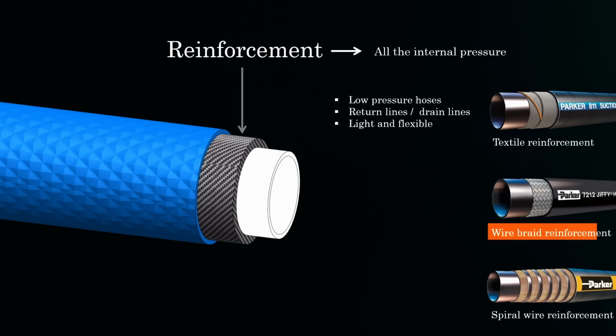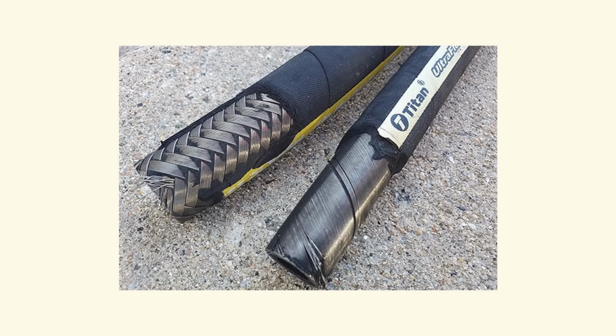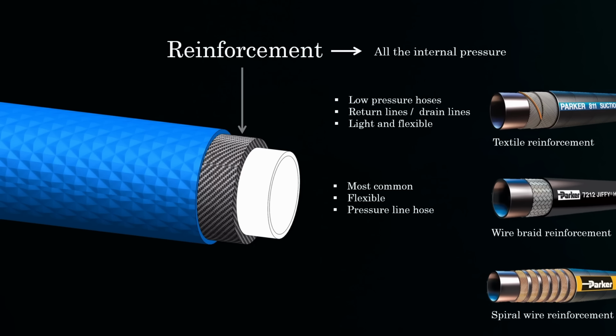The second type is wire braid reinforcement, which is the most common. High tensile steel wires are braided over the inner tube in one or multiple layers. Most standard working pressure hoses fall in this category and are widely used in industrial and mobile hydraulics.